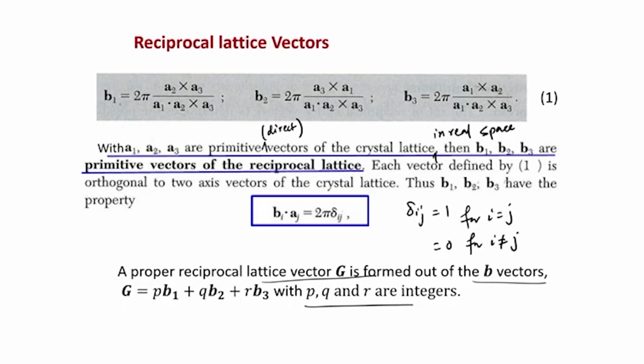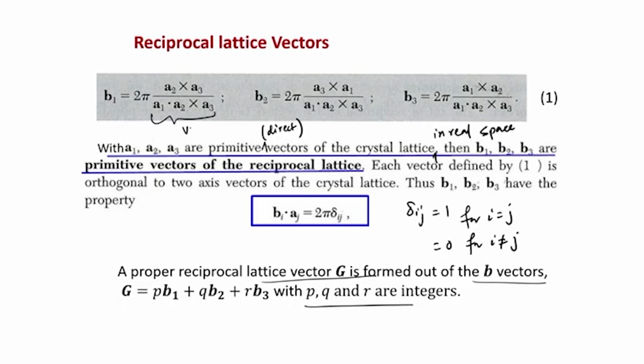They can be obtained from the A's by these relations: B1 equal to 2 pi times A2 cross A3 divided by A1 dot A2 cross A3, and similarly B2 would be A3 cross A1 divided by the same quantity, and A1 cross A2 for B3 divided by the same quantity.